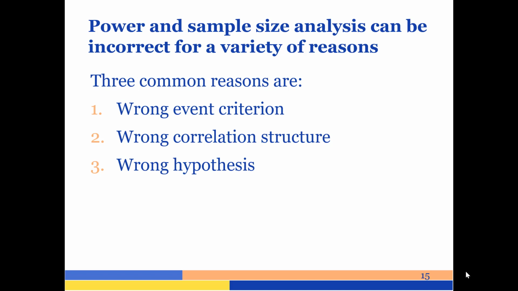One is dependent on power calculation, while the other might be dependent on confidence interval width. You may specify the wrong correlation structure. This could be a result of having imperfect knowledge about how some variables might be correlated or how much decay there is in correlation over time. Another issue could be a mismatch between the hypothesis that's being tested in your analysis and the hypothesis that your power analysis is testing.